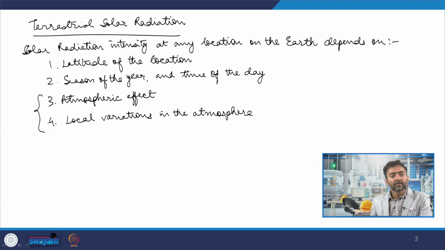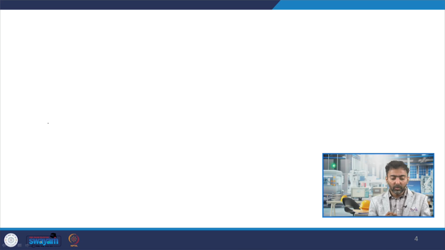So what happens when the sun's radiation travels through the Earth's atmosphere? There are two major effects, so to say.